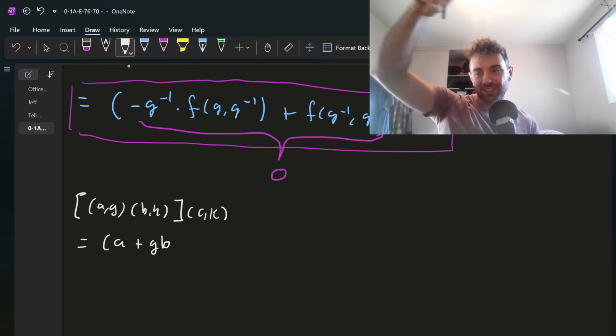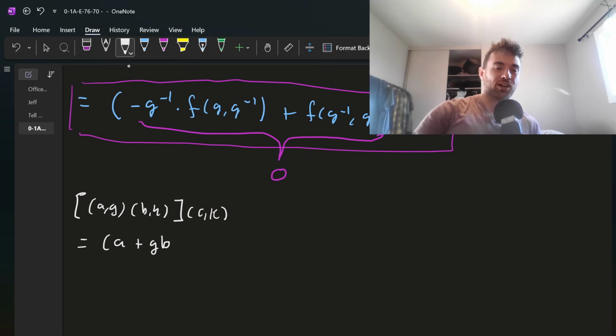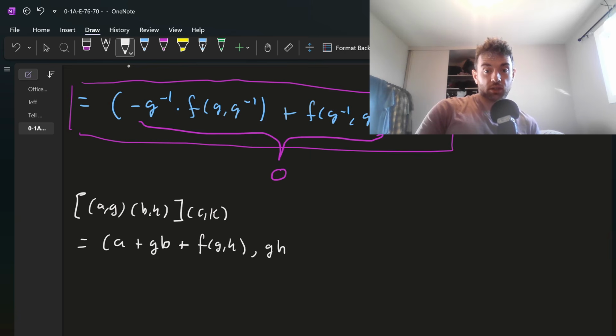Hopefully using the earlier and later parts of the alphabet will help you to distinguish. A plus GB plus FGH, and then comma in the second component GH, and now this will be times CK.